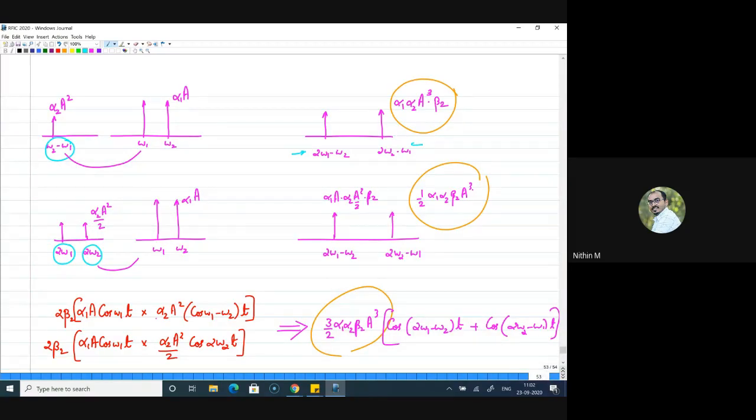This alpha 1 alpha 2 beta 2 coefficient has arrived from the second order intermodulation terms at the output of the first stage. Yes, so these terms have appeared since this term omega 2 minus omega 1 got mixed with this omega 1 omega 2, and this 2 omega 1 and 2 omega 2 got mixed with this omega 1 omega 2, right? Due to those mixings, these products have arrived.